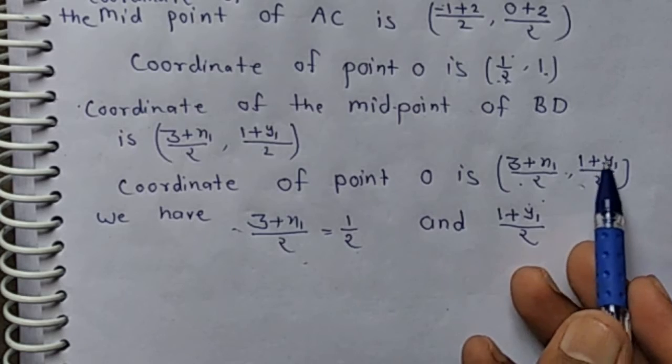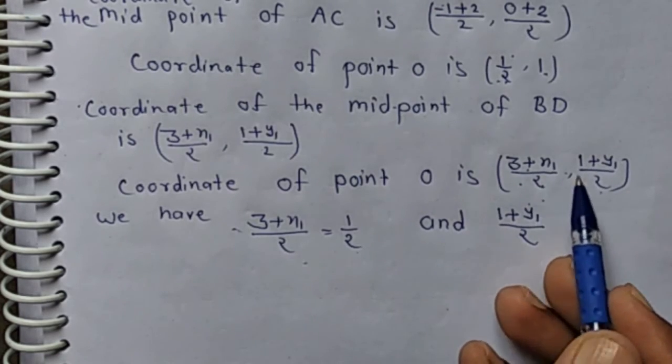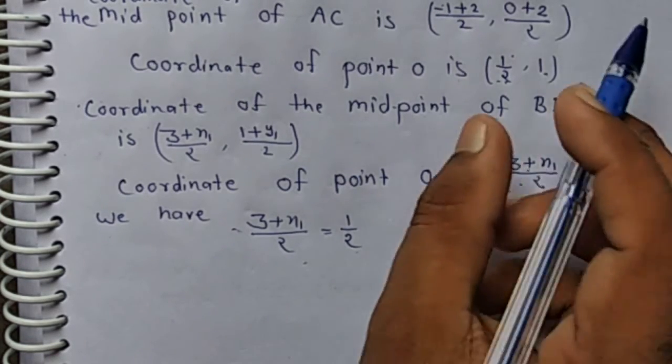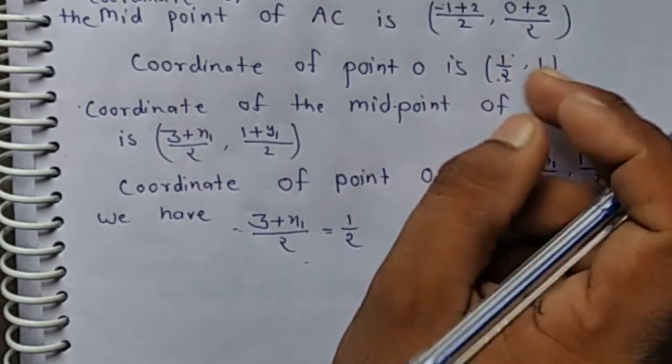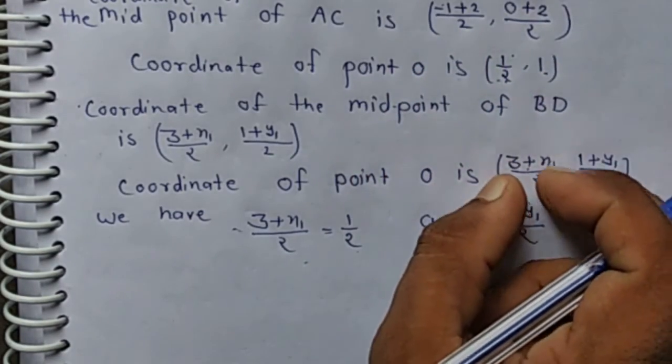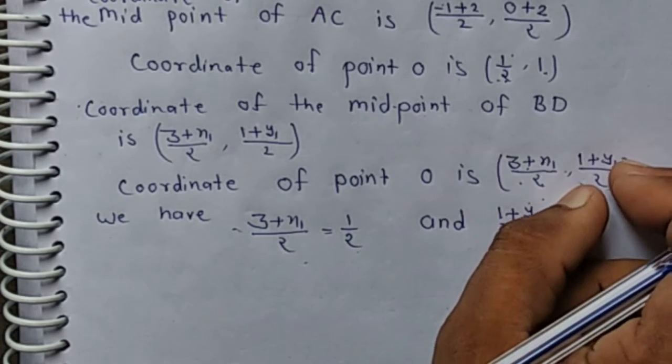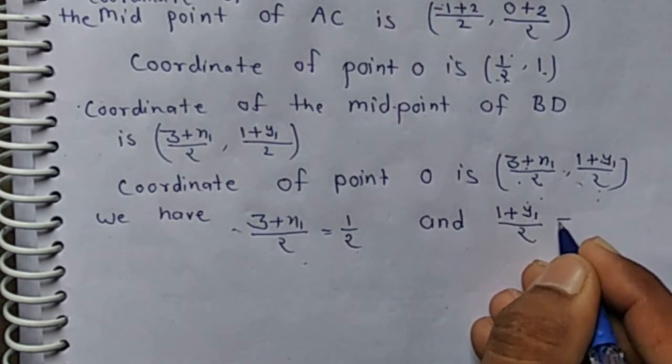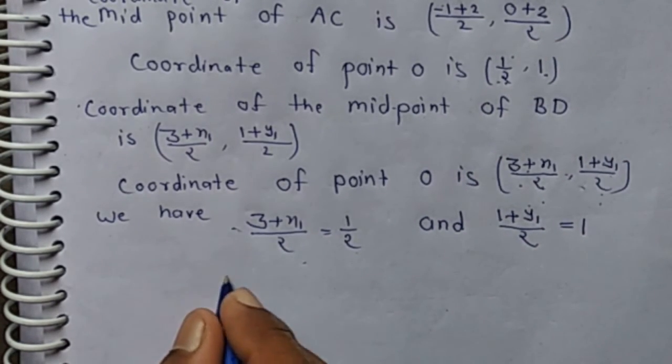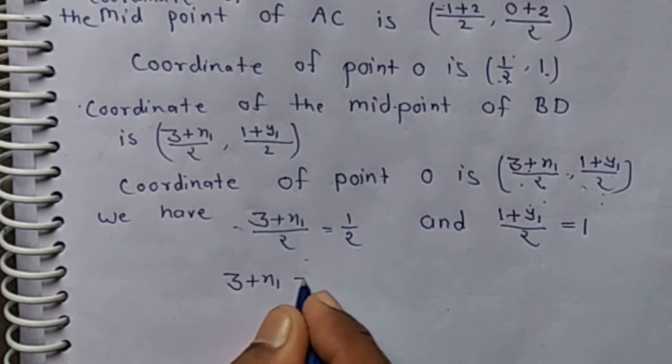Coordinate of point O is 3 plus x1 by 2 comma 1 plus y1 by 2. Also coordinate of point O is 1 by 2 comma 1. Then this term is equal to this term, and this term is equal to this term. Then 3 plus x1 is equal 1.